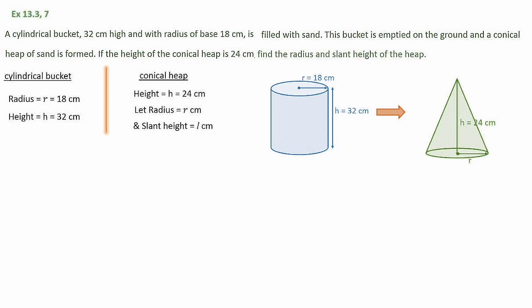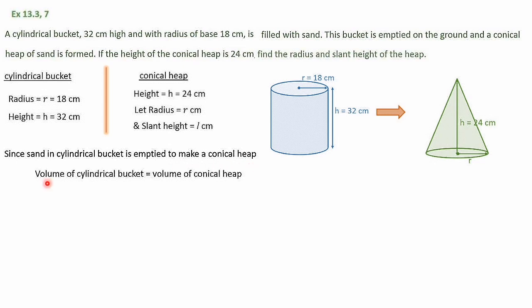So both the volumes are the same. Whatever quantity was inside the cylindrical bucket, that quantity we use to form the conical heap. Since the sand in the cylindrical bucket is emptied to make a conical heap, the volume of the cylindrical bucket is equal to the volume of the conical heap.